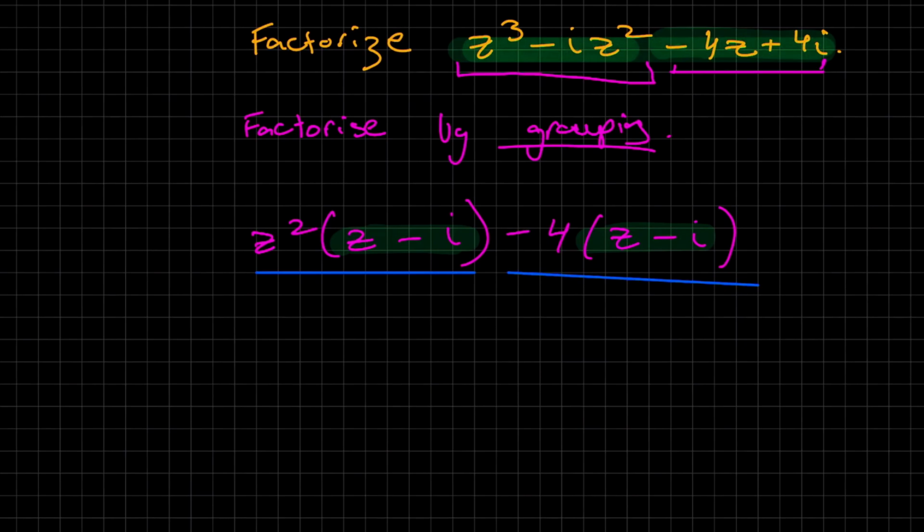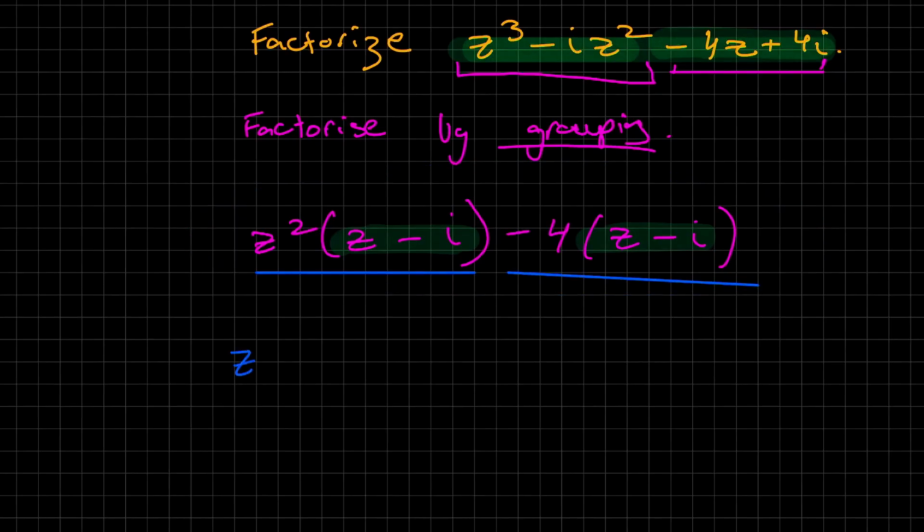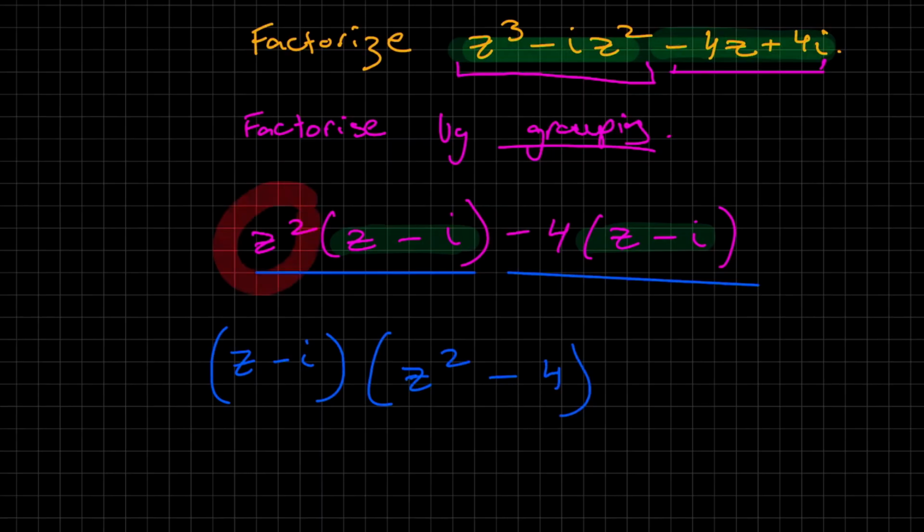So we can actually factorize out z minus i from this entire equation. So if we were to factorize out z minus i, we would get z minus i times z squared minus 4. So z squared from over here and minus 4 from over here.